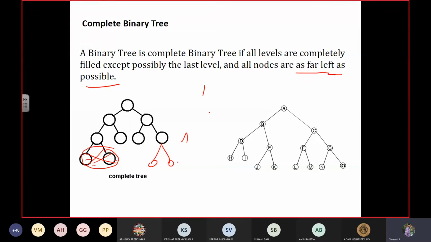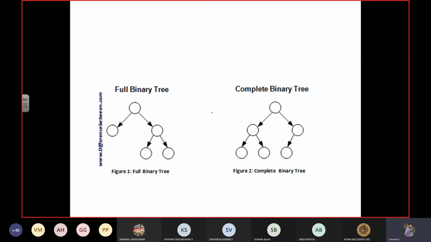That is the binary tree definition. In a full binary tree, you are allowed either 0 children or 2 children. But in a complete binary tree, you are allowed to have 1 child, but it should be arranged in a proper way, as far left as possible. At the same time, all the levels have to be completely filled. Okay, that is the difference.